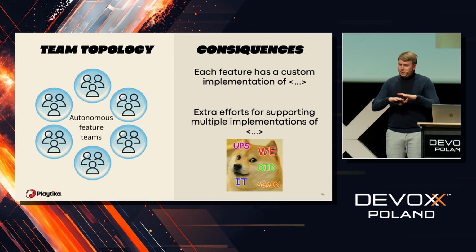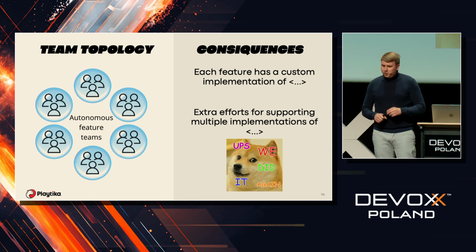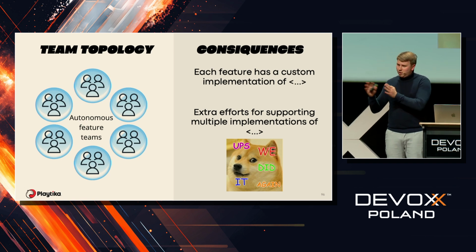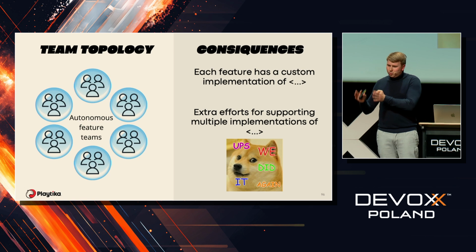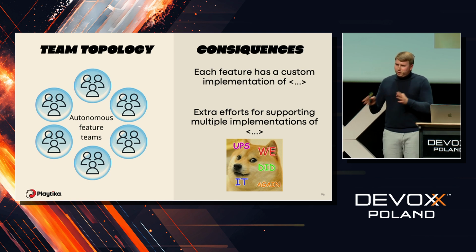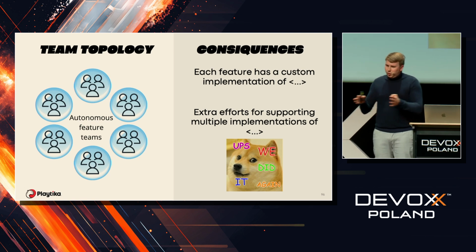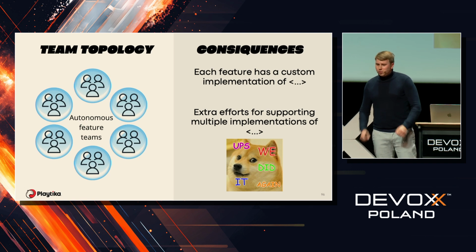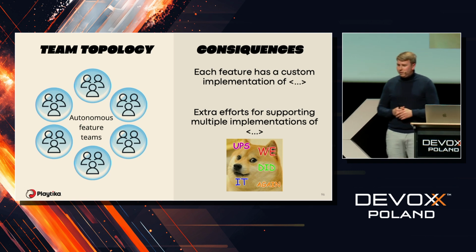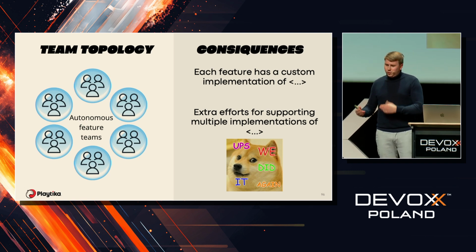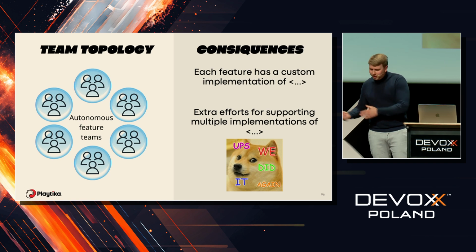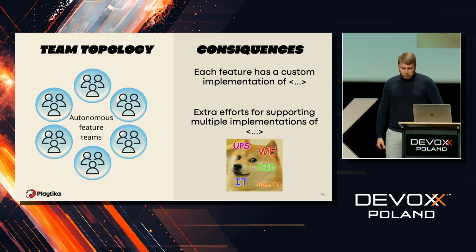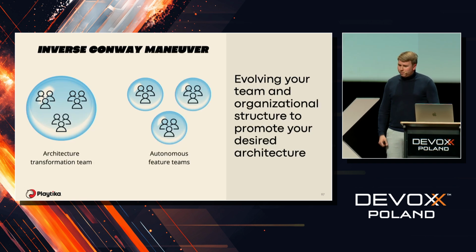So assuming there are autonomous teams, and each team has their own backlog, their own goals, their own product manager, they're not much interested in communicating with each other to create some generic solutions. This is why we have consequences: each feature has a custom implementation of something, and there are extra efforts for supporting those multiple implementations.